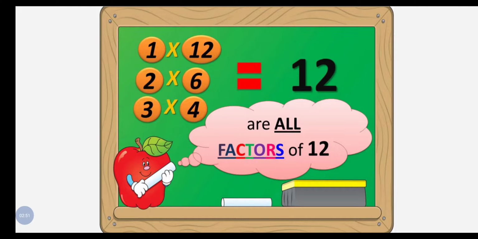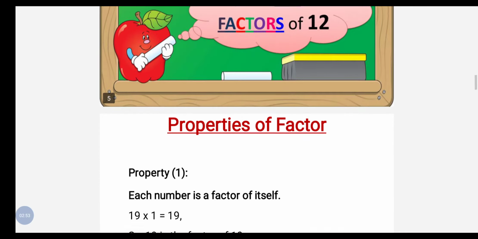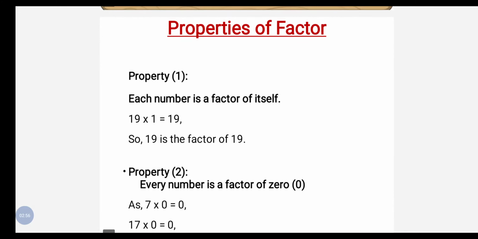Okay, so now let's learn about the properties of factors. The first property of a factor is that each number is a factor of itself, other than 0.